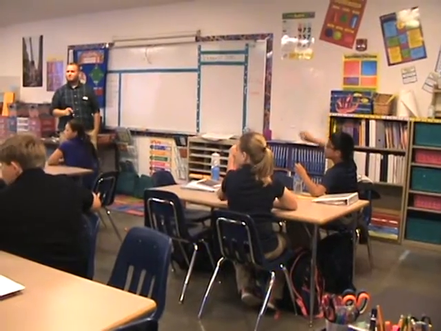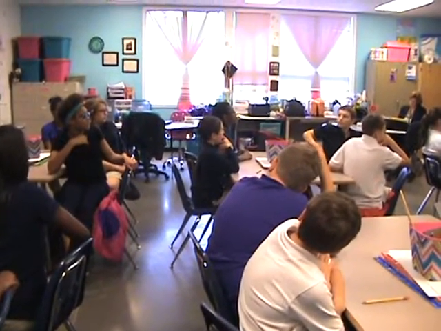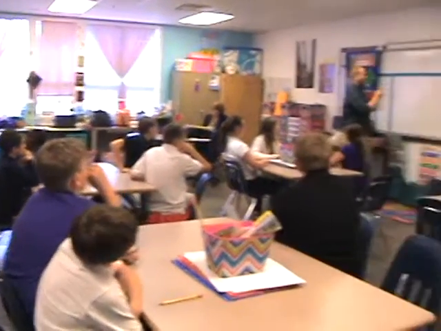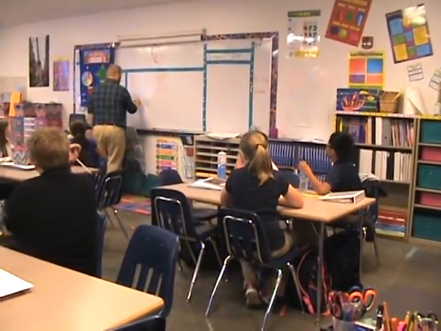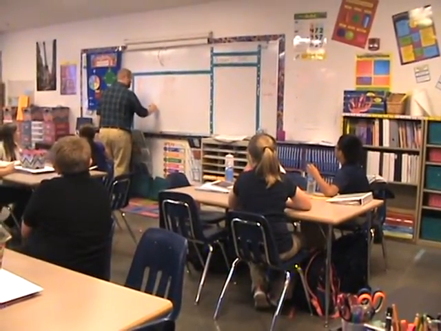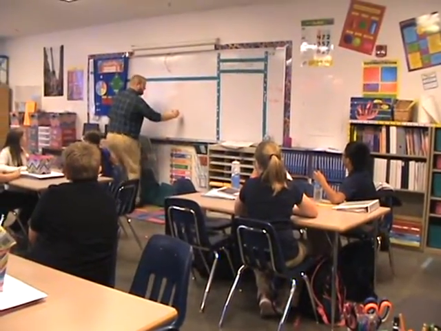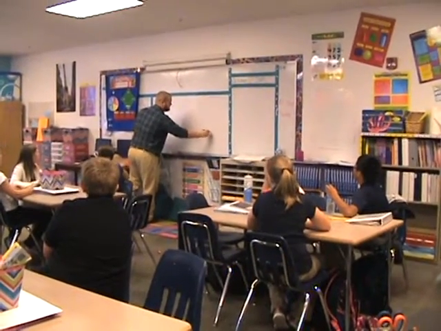Get all the multiples of each one and see the least one that they have in common. Okay, so what are the multiples of 8? Do it out loud, all together. 8, 16, 24, 32, 40, 48, 56, 64. That should be enough.